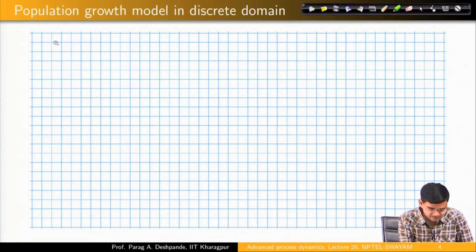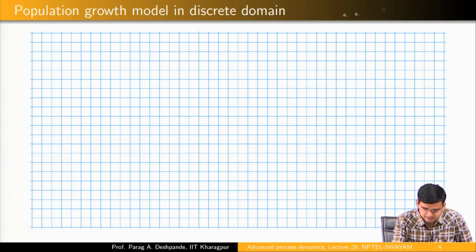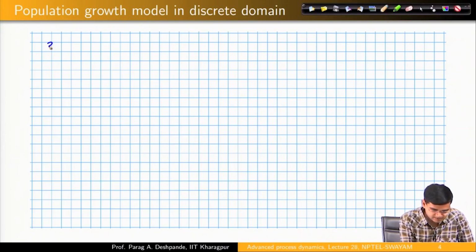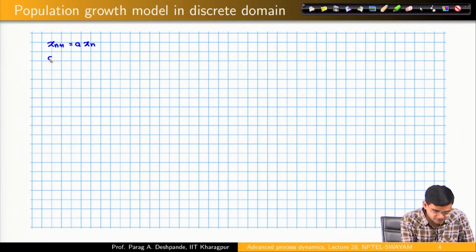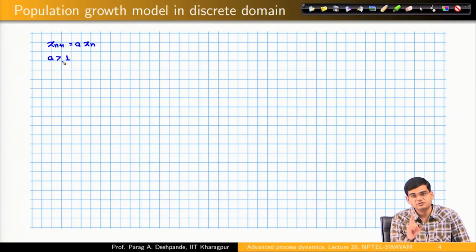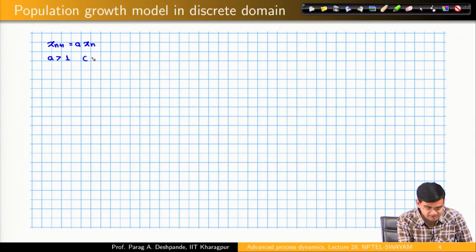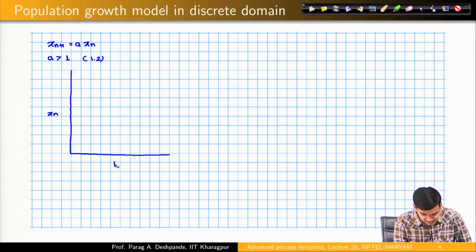So, I have x n plus 1 is equal to a times x n, and when a was greater than 1, I used in my example 1.2, then the plot which I got was this, x n versus discretized time t n.